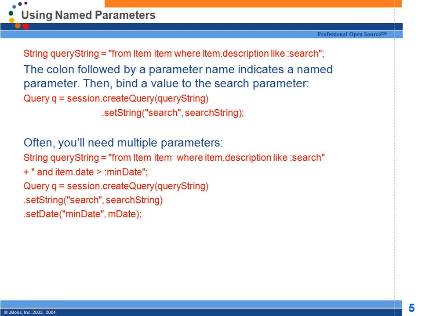And see here, another query I have given as example. There are 2 named parameters. One is colon search and one is minDate. Right? item.description is a string and date is a date object. To see, session.createQuery, this query.setString, search is a string, so setString, but minDate is a date. So setDate.